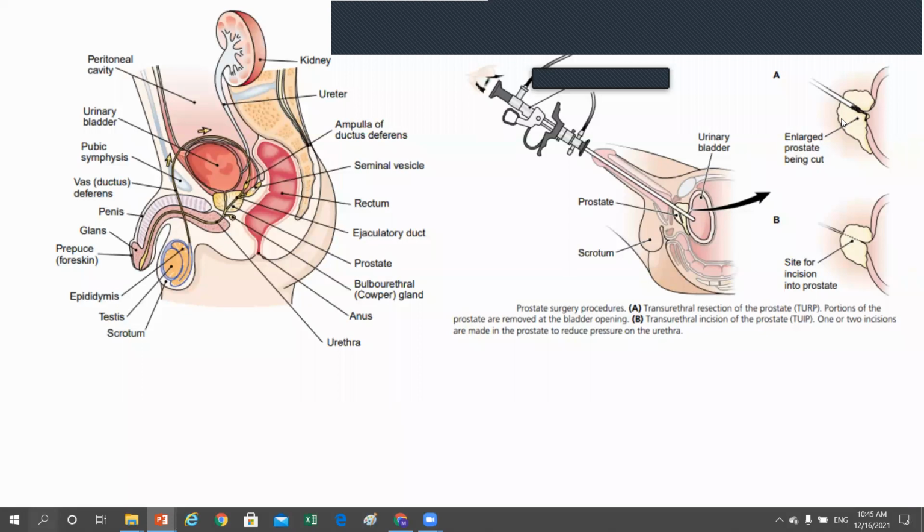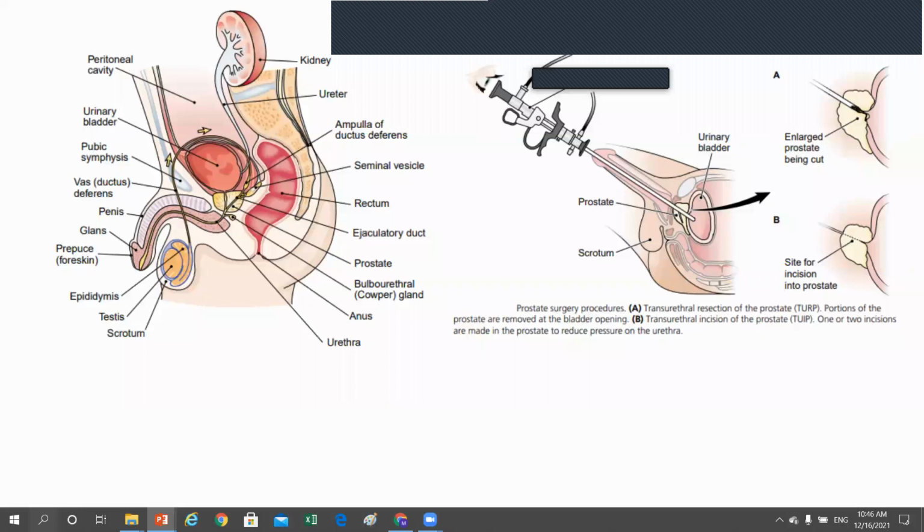For example, difficulty in passing urine, or the person has to rush to the toilets, which we call urgency. Immediately he has to pass urine; he cannot wait to reach the toilets. Also, he will have the problem that he has to get up at night to pass urine. This we call nocturia. We will see these terms further.